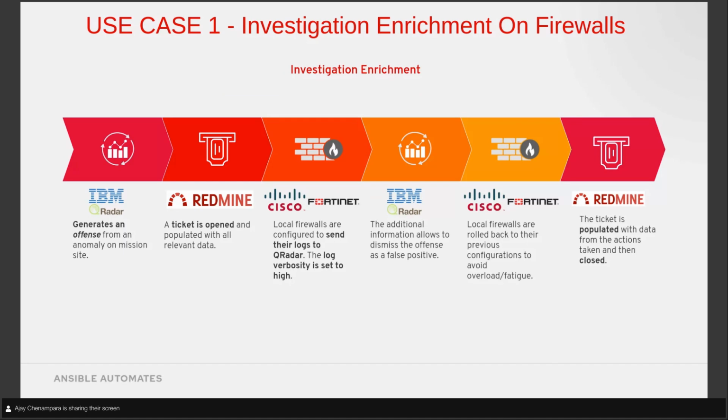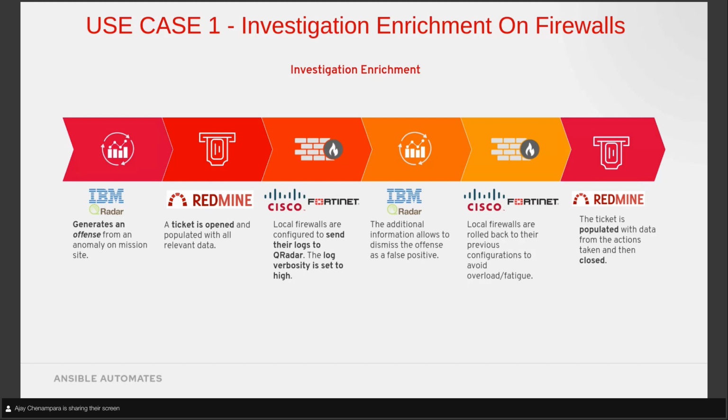So the first use case: investigation enrichment on firewalls. Let's imagine that the SIEM tool has been aggregating logs. It detects some incident, and it logs it as an offense. So what does a security analyst do? This is a day in the life of a security analyst for this particular use case. He or she logs an issue with a ticketing system.